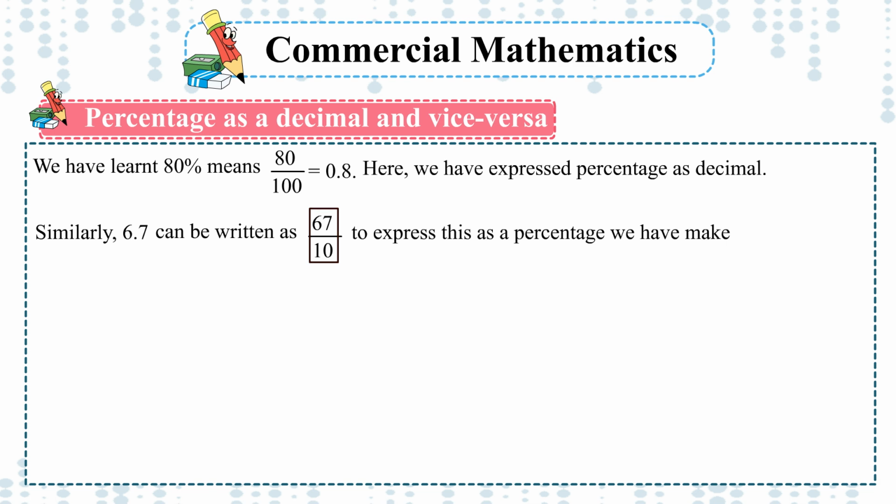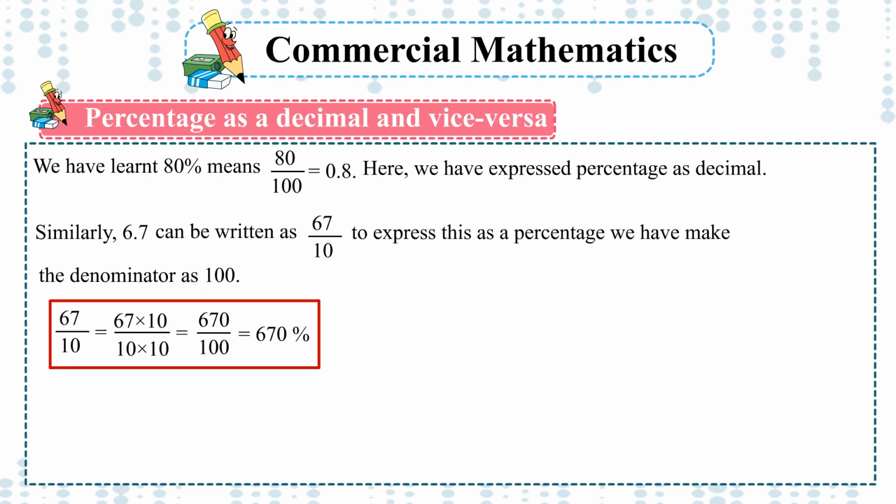To express this as a percentage, we have to make the denominator 100. 67 upon 10 is equal to 67 multiply 10 upon 10 multiply 10 is equal to 670 upon 100 is equal to 670%. Here, we have expressed a decimal into a percent.